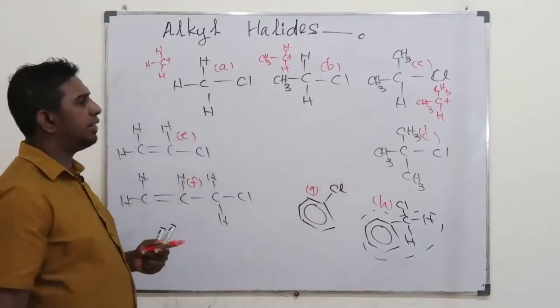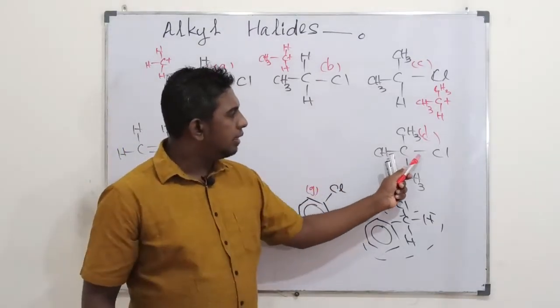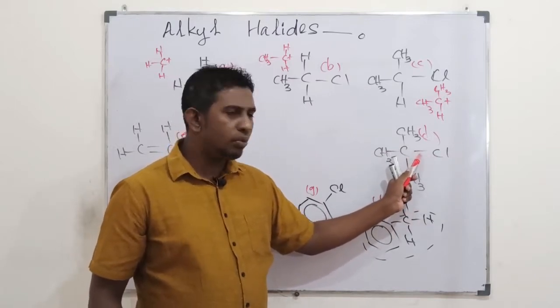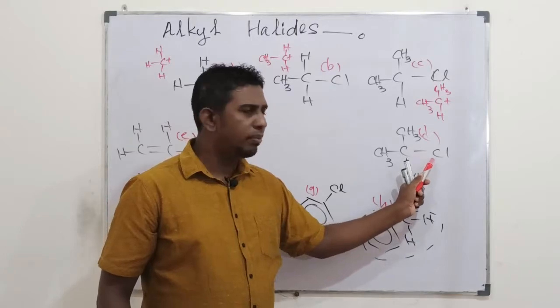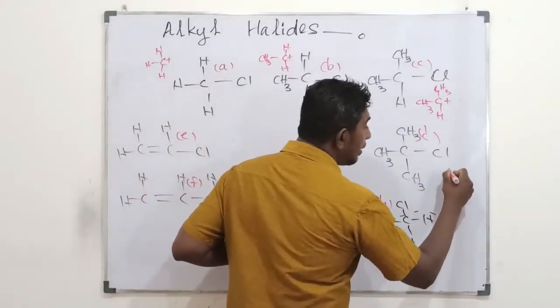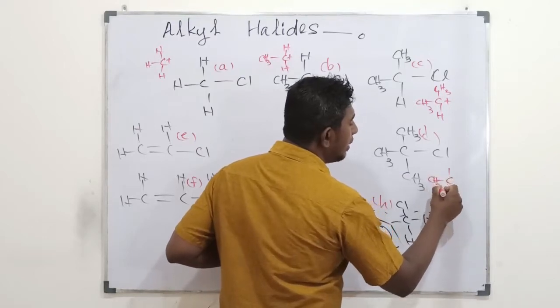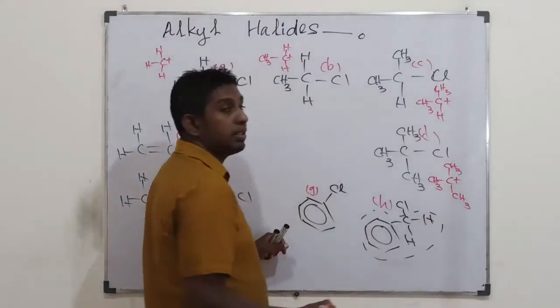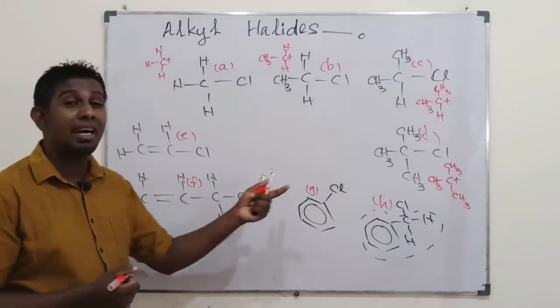Students, when this chlorine leaves, it takes the two electrons of the bond with it, making it Cl minus. Then you get this carbocation, CH3, with a positive charge on that carbon.